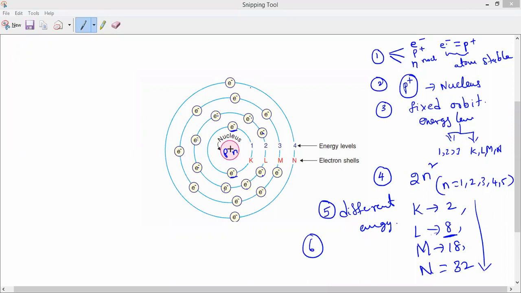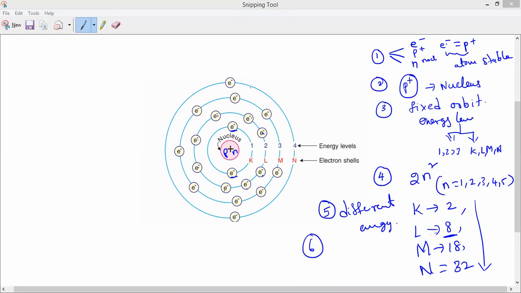In the alpha particle experiment, we have to study what are the observations made by Rutherford, what are the conclusions made by Rutherford, and what are the drawbacks of Rutherford's atomic model. So three are very important. Understand, observations are different and conclusions are different, and drawbacks are different. After that, we have to study Bohr's atomic model.